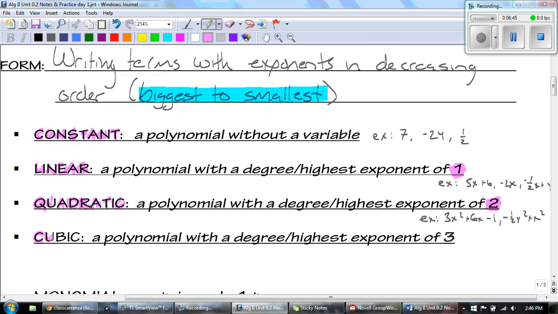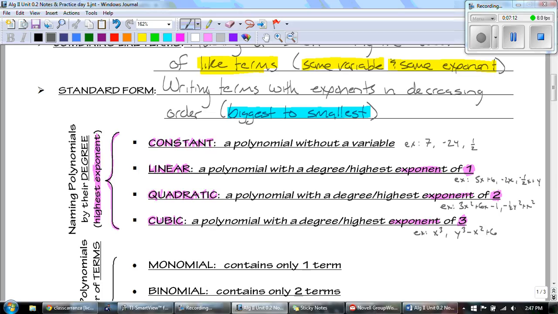And then the last one that we're going to be discussing is cubic, and that's when our highest exponent is 3. So it could just be x cubed or y to the third minus x squared plus 6. Whatever it is, the highest exponent is 3. So that's when we're talking about naming the polynomial by the degree.